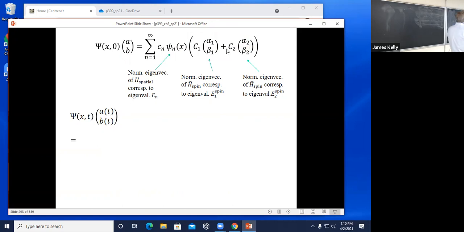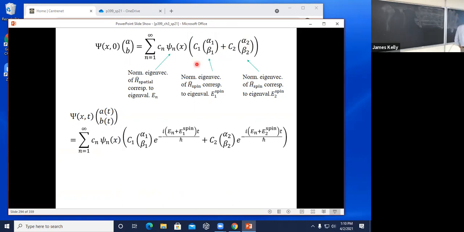We take each term in the series at time t equals 0, and to put in the time dependence, what we do is multiply by e to the minus i E t over h bar, where E is the energy of, for example, the psi n multiplying this first 2-column vector. Well, that one corresponded to energy E spin 1. So the total energy is just going to be the sum of the spatial energy plus the spin energy. And the same thing for the second one. Spin energy presumably is different for the second one.